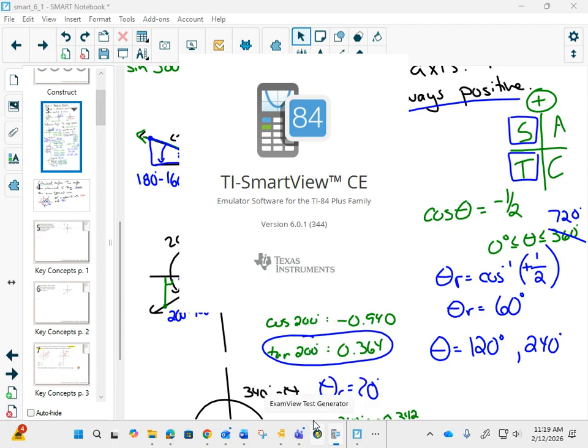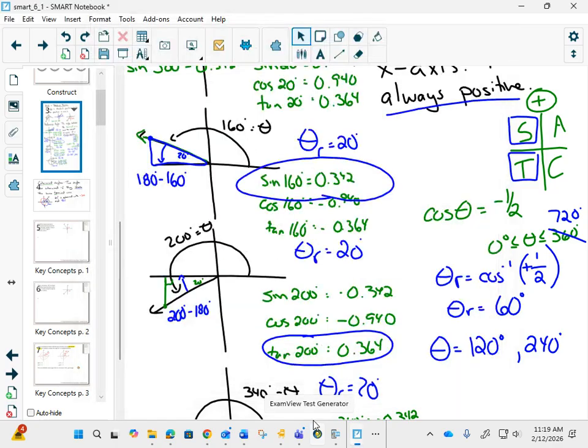I'm saying that if I went to 720 degrees, then 120 is coterminal with 480 degrees, and 240 is coterminal with 600 degrees. Can you see that all I did was add 360, which is one full circle around? If you're at 120 and you add 360, you're going to be back to where you started.